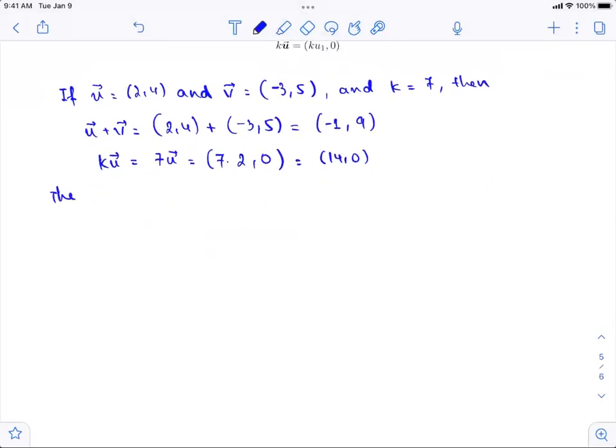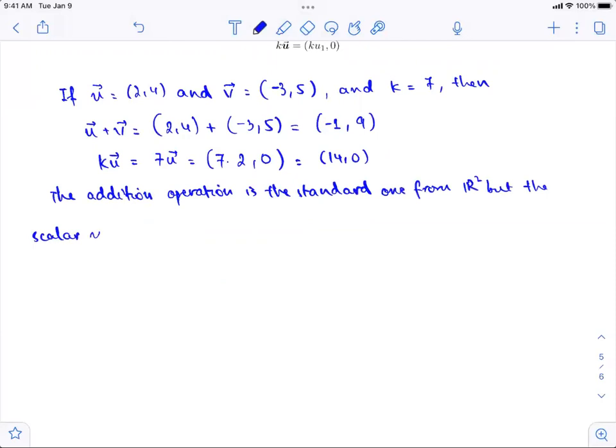So the addition operation that we have here is just the standard, or the usual, one from R2, but the scalar multiplication is not.